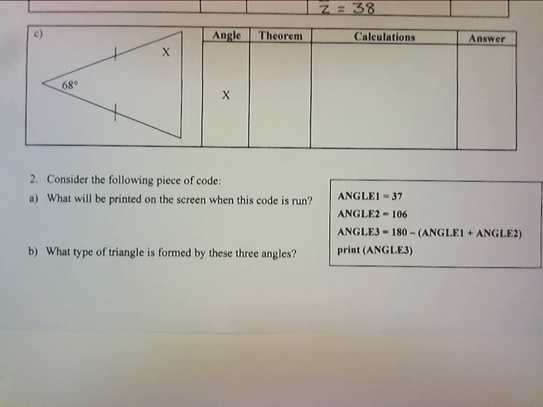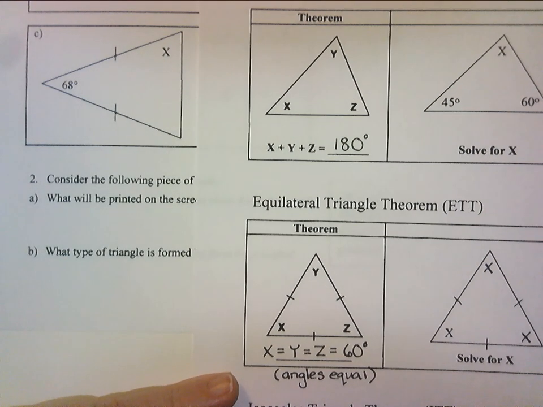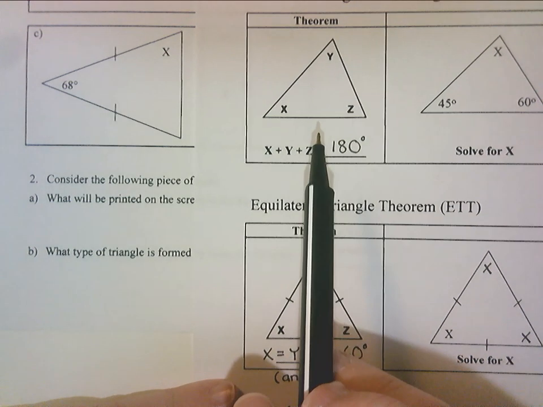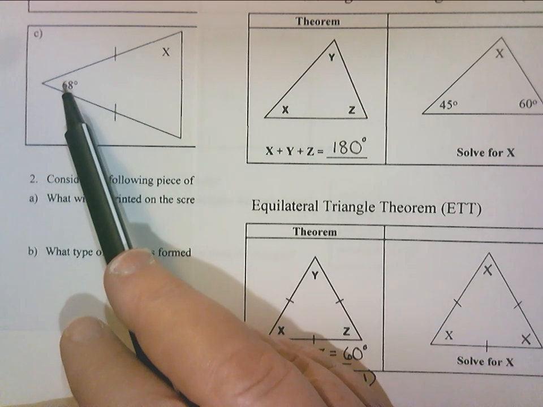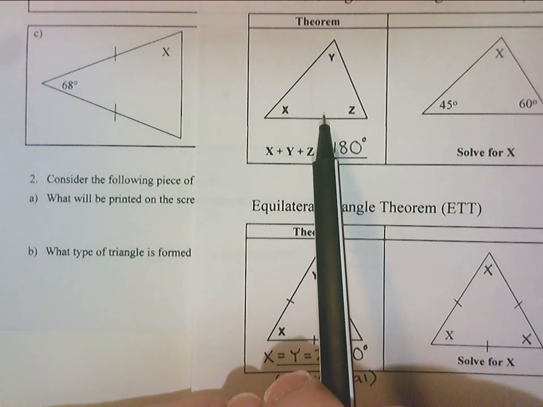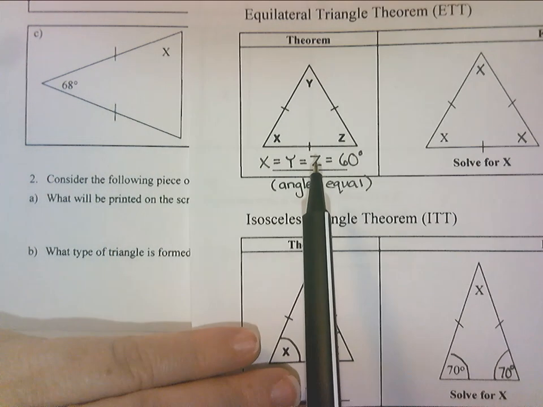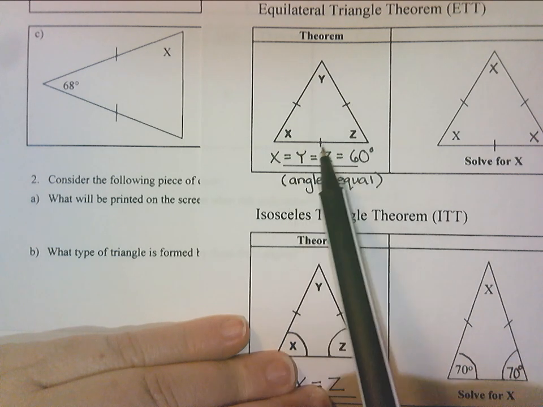So I'm looking at this triangle, and I'm going to look at my triangle theorems and see which one it most looks like. So our first one, SATT, I do see that I have angles inside of a triangle, so it is possible that I might be able to use that one. When I look at ETT, I don't have all three sides marked as equal.